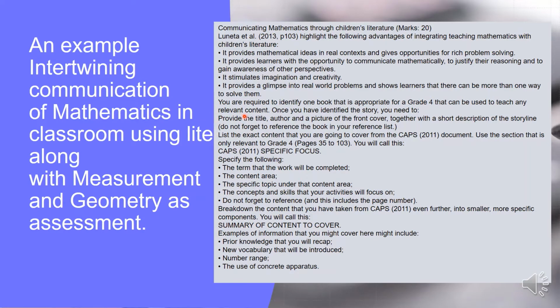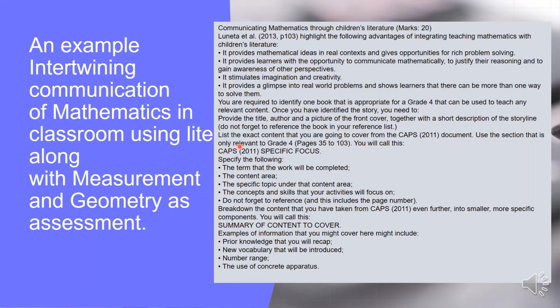Once you have identified that story, provide the title, the author, the picture of the front cover with a short description of the storyline, and don't forget to reference the book in the reference list, and list the exact content you're going to cover from the CAPS document, which is only under grade 4, page 35 to 103.